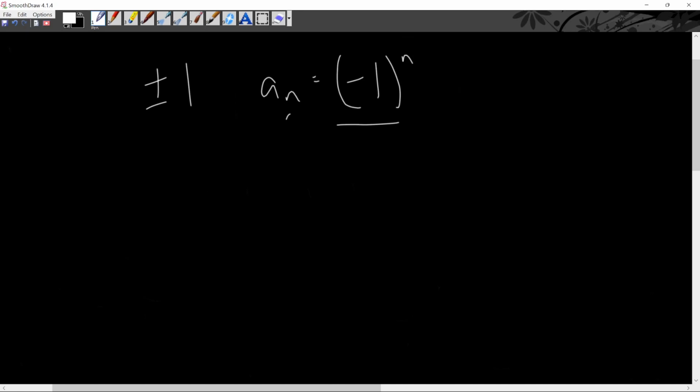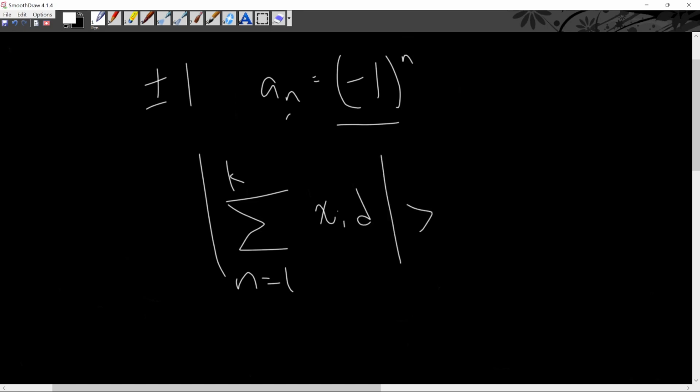But Paul Erdos, a very famous mathematician, I would say probably one of the most famous mathematicians of all time, he came up with this very nice problem that follows like this. The absolute value of the sum from n equals 1 to k of the sequence x sub i times d, so this is still part of the inputs, is greater than c.